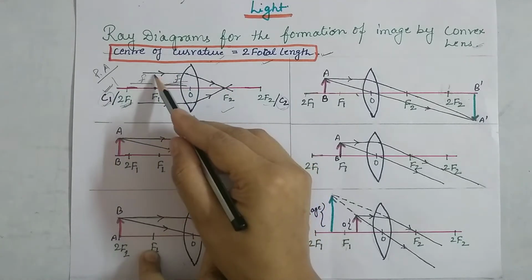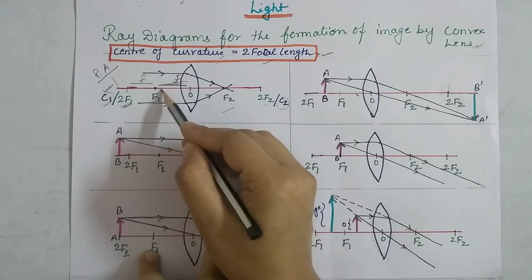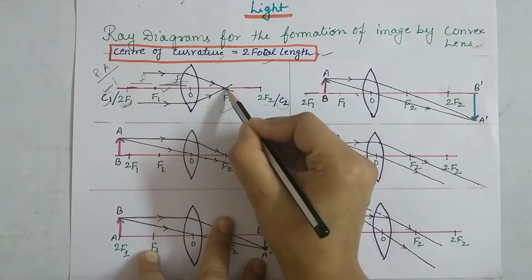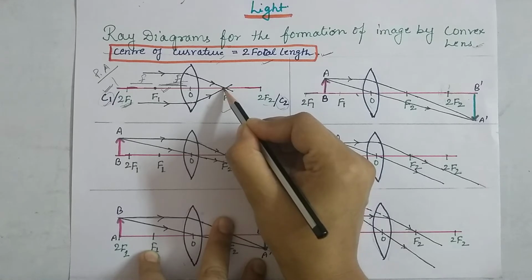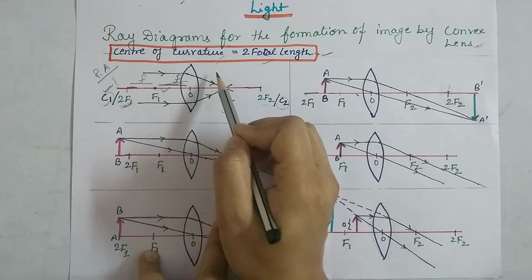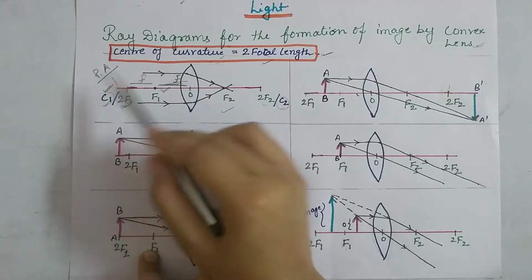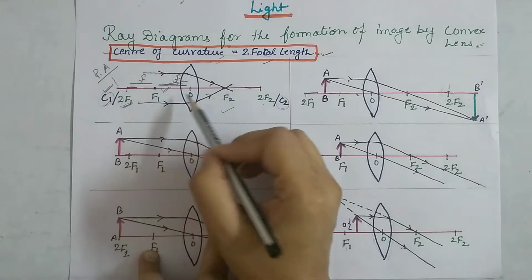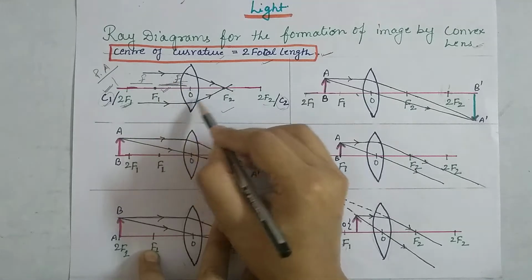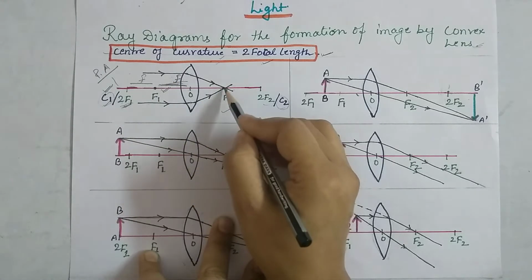When a light ray is incident parallel to the principal axis, it meets at the focus. So when the light ray comes from infinity, the source is present at infinity, and it is parallel to the principal axis, then it meets at f2.